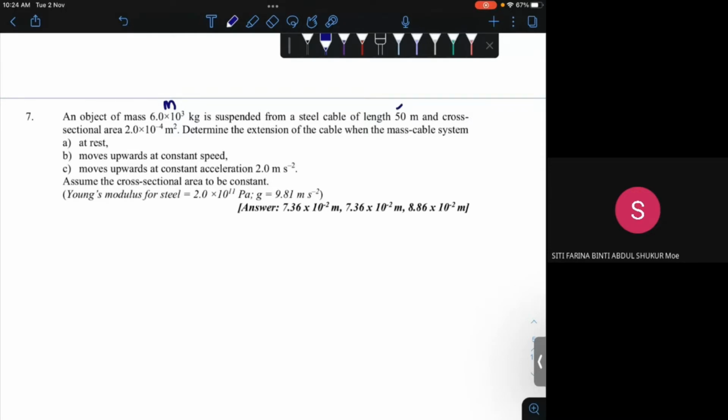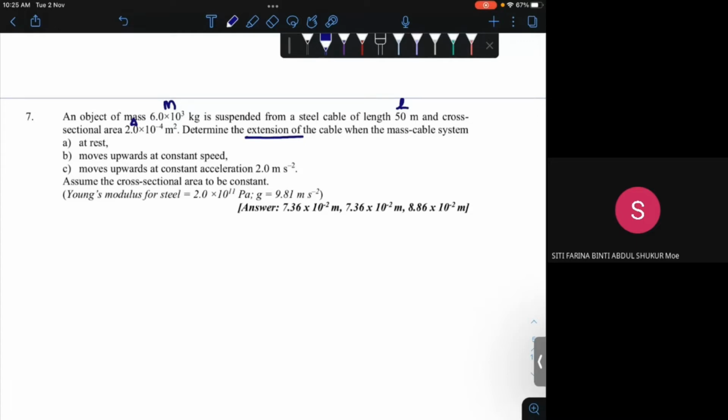So this is the length and this is the cross-sectional area, meaning area. Determine the extension of the cable when the mass cable system is at rest, moves upward at constant speed, and moves upwards at constant acceleration. So we have 3 cases here. It asks us to find the extension.